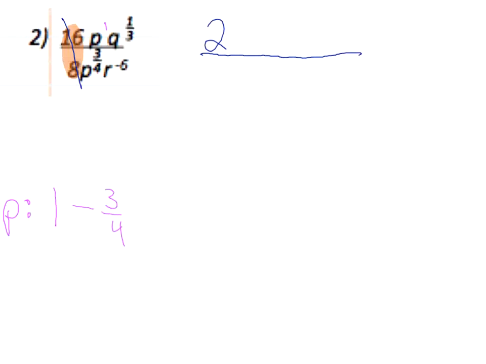How do I do a 1 minus a fraction? Any ideas? Exactly. So I need to have common denominators in order to subtract my fractions. So instead of saying 1, hopefully we all know 1 is the same as 4/4. So 4/4 minus 3/4 gives me 1/4. So I'm going to have p to the 1/4.